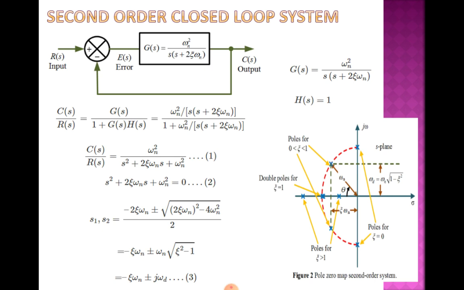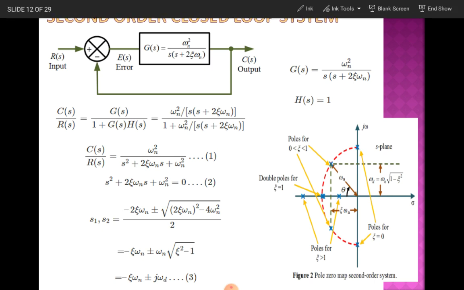Finally we get the open loop transfer function G(s) = omega_n squared divided by s(s + 2 delta omega_n), with a unity feedback system, H(s) = 1.